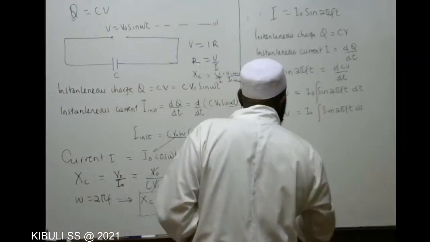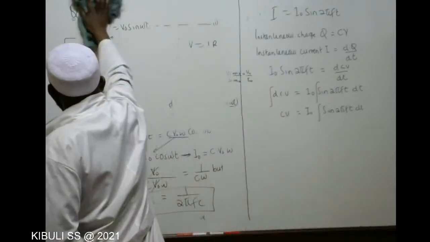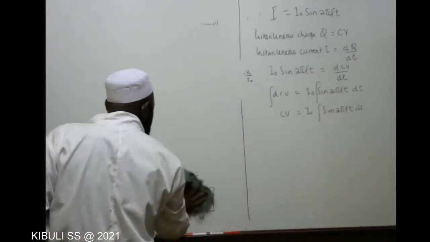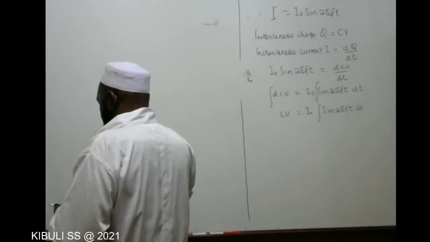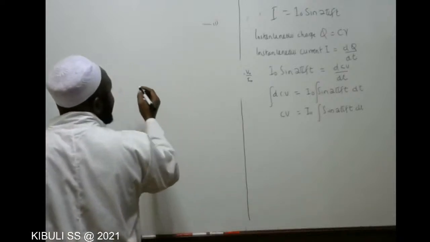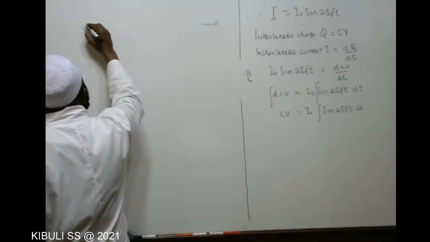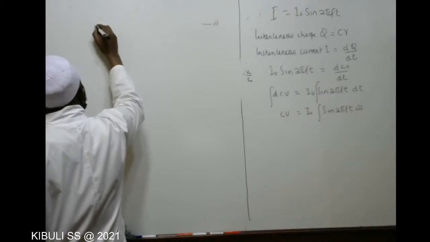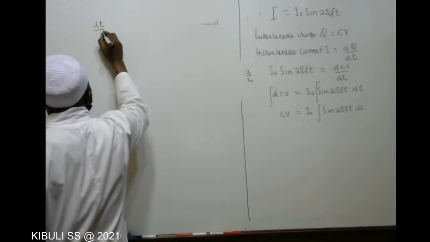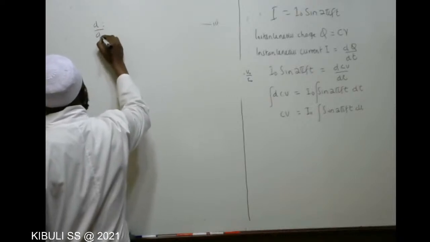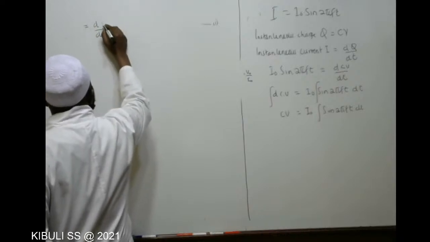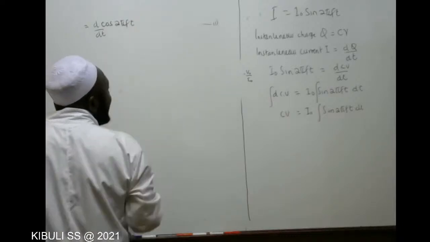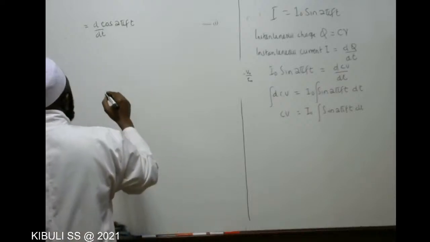You recall, this is a side work a bit, that d by dt, when you differentiate the cos, for example cos 2 pi ft, we'll be getting a negative sign.